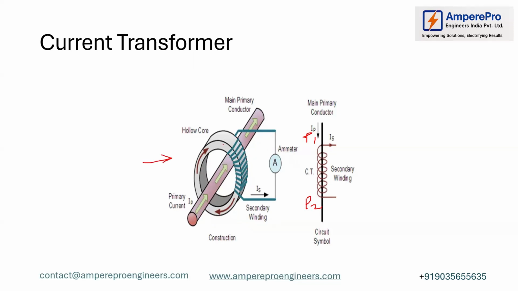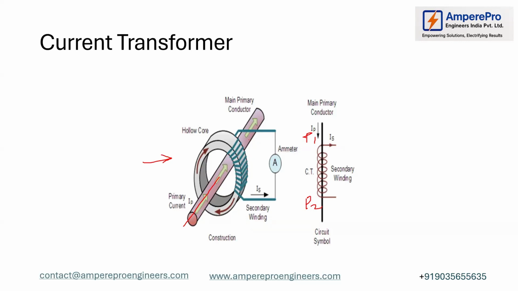Ideally, physically, if you look at the CT, this is the core, and the winding is around the core, like there is a coil around that, and you are taking it out. You see there is a hollow, a hole, and that part acts as the primary. That is what we call the primary.